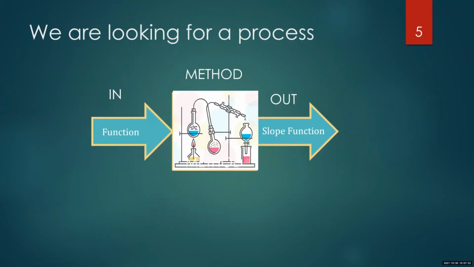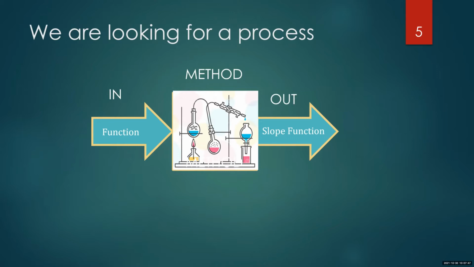Here's a graphic that explains what we're trying to do. On the left-hand side, you've got some function that is of interest, and we're looking for a method or a process, and the output of that process is the slope function, which is f dash of x or dy dx.